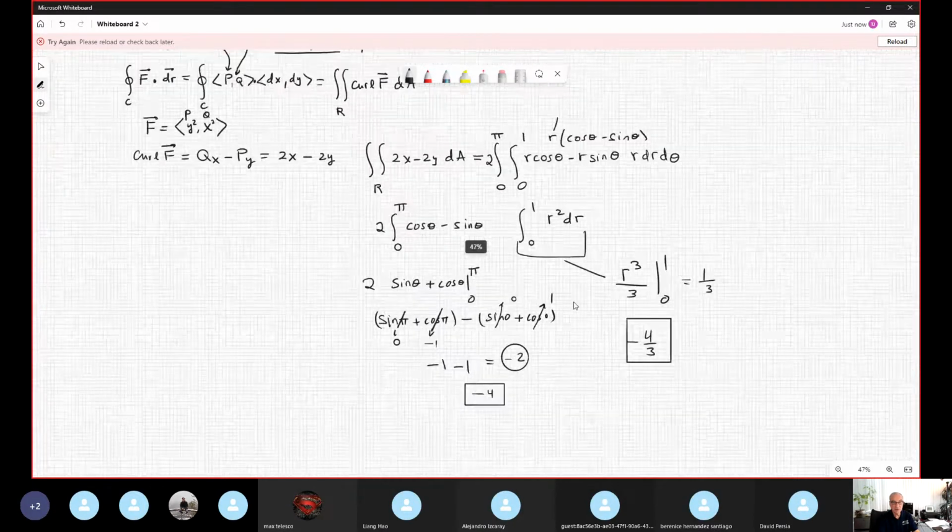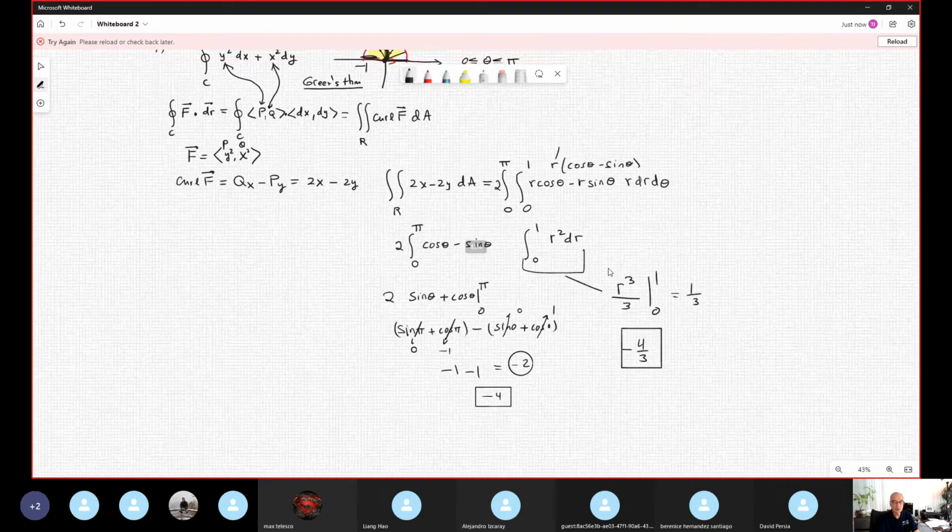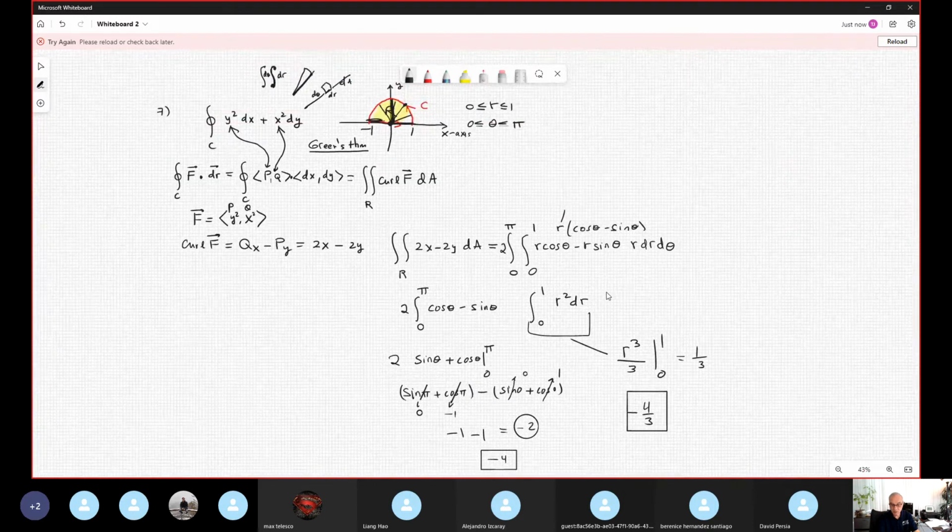Green's theorem is fantastic. Green's theorem allows us to convert the complicated line integral into one easy, or relatively easy, double integral. Okay, we finished the first page.